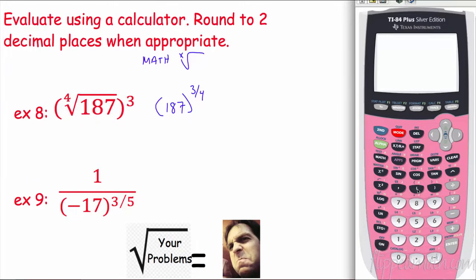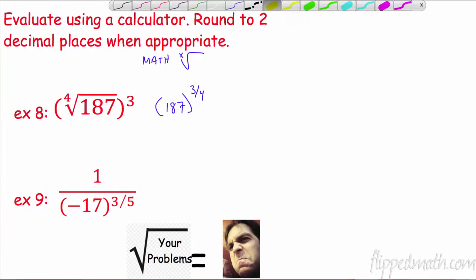All right, I'm going to put parentheses around it. Always safe bet. I'm going to raise it, use the caret button, to the 3 divided by 4 power, press enter, and I got 50.568. That's going to make that 50.57. So 50.57 for this one.